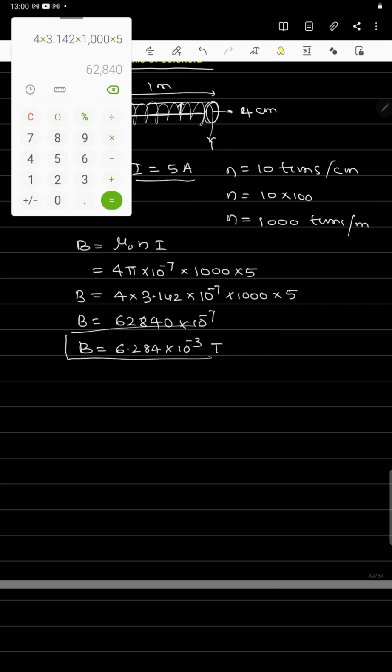So this much magnetic field is obtained inside the solenoid.